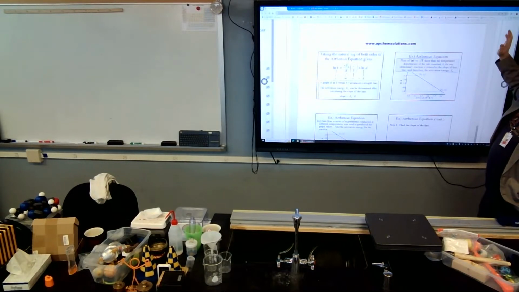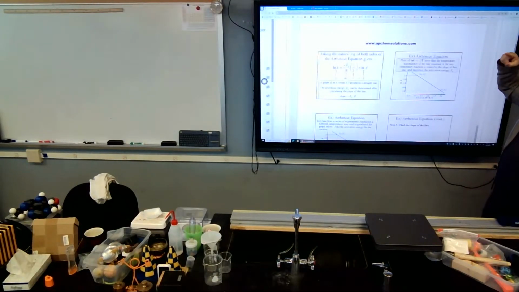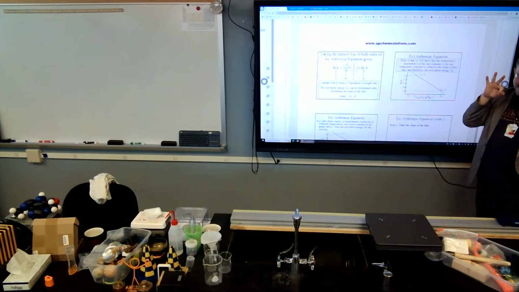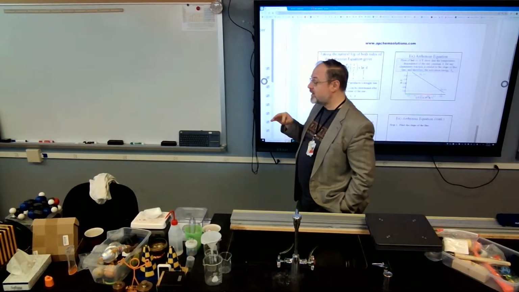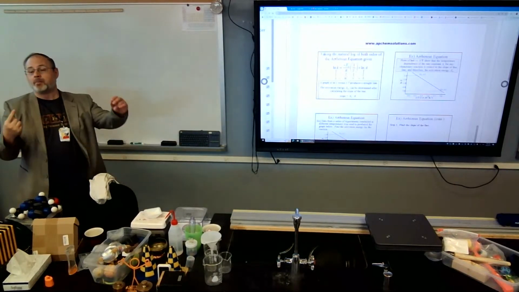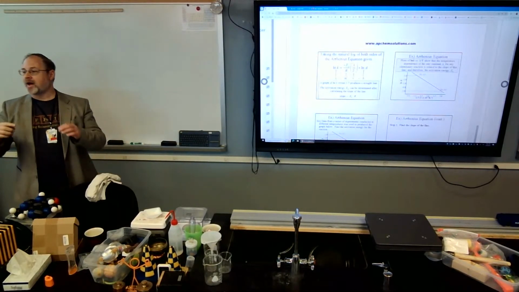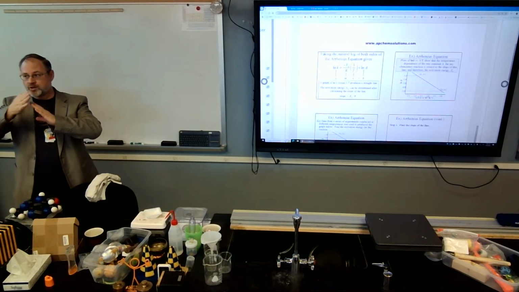Okay, then there's all the math that you already learned, the equations: the change in concentration over time equals negative kt, natural log of concentration equals negative kt, and 1 over concentration equals kt, those 3 equations. Okay. And the bulk of what you need to be able to do with those equations is, if needed, do the math in an FRQ. But more importantly, know which reaction graph corresponds to which order.